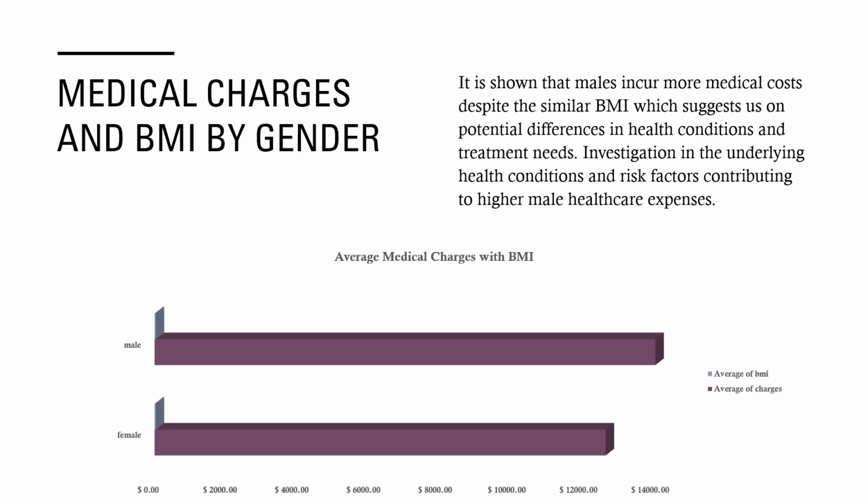Next comes the medical charges and the BMI by gender. We can see here that males are getting the highest charges compared to females, mostly because most of the males get into smoking activities more than the females.